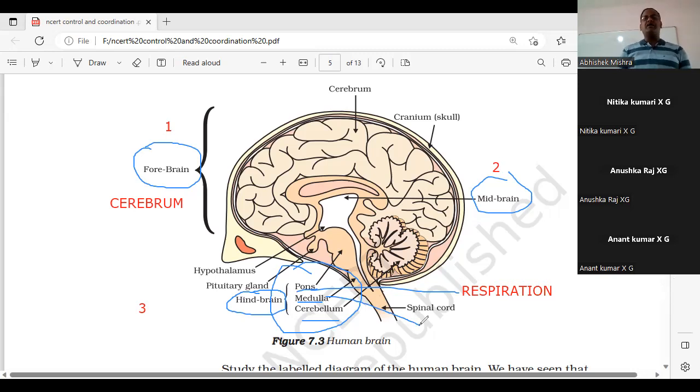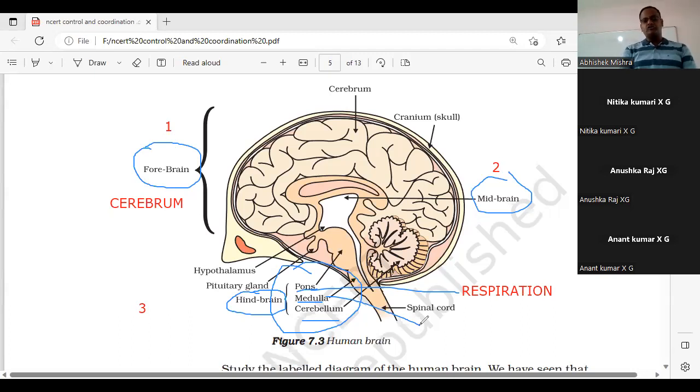Now, for things not under our control, will I use the word voluntary or involuntary? Because in class 9, you have done the chapter on tissues. You must be knowing about these terms. Involuntary or voluntary? Very good, Nisha. Very good, Anushka. Involuntary.